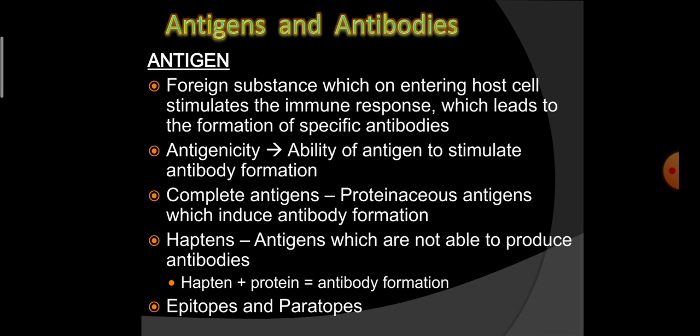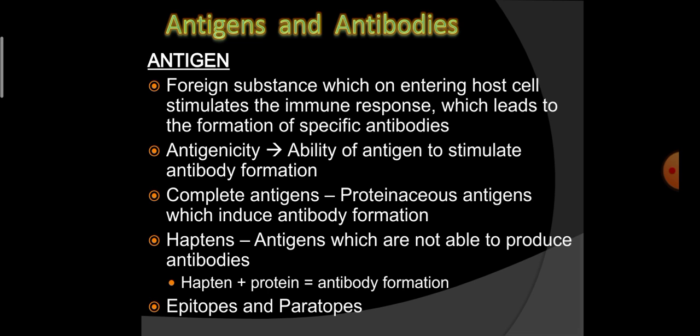Okay, so here you will come across two terms, that is epitope and paratope. Epitope is the site present on the surface of the antigen which is recognized by the T or B cells or the antibodies.